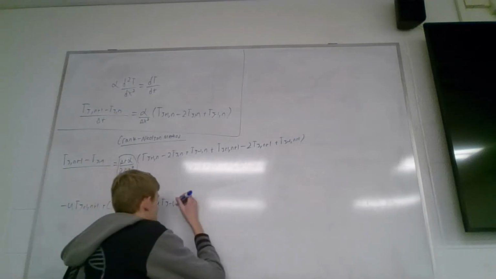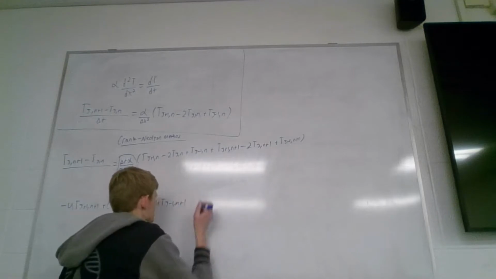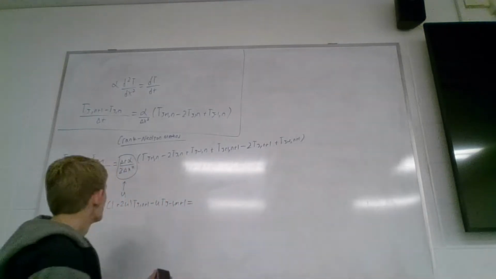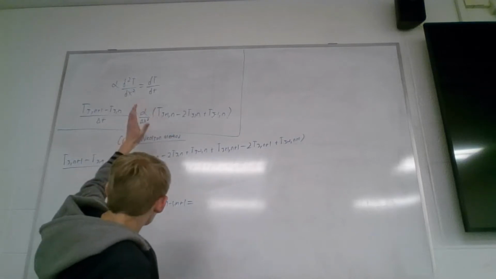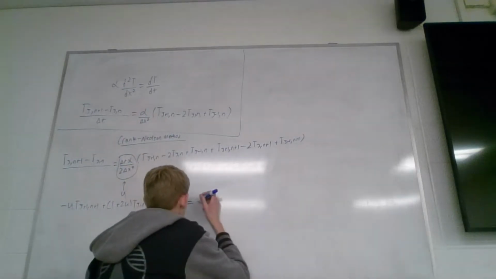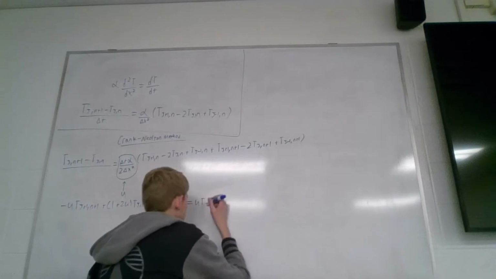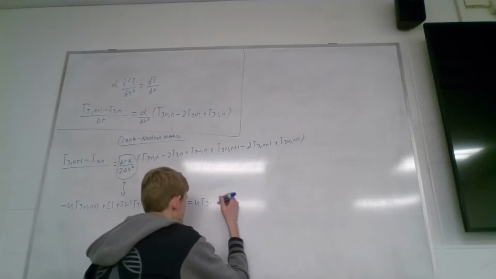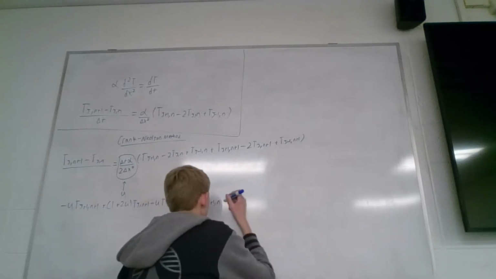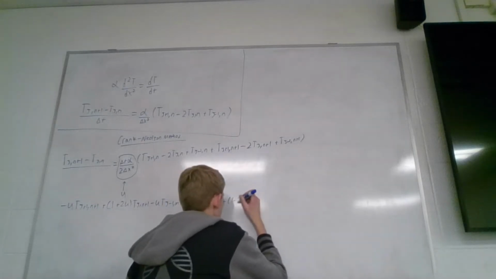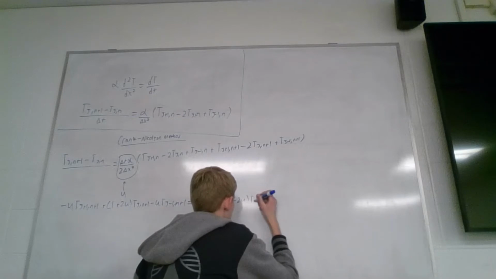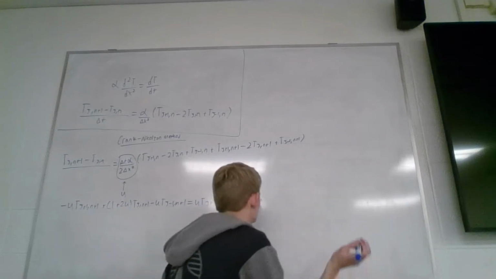So that's n+1. That's going to be equal to what our normal equation would look like, at least from up here if we had that R value. So it's going to be u T j+1 at time step n, and then it's going to be minus 2 u T j n.